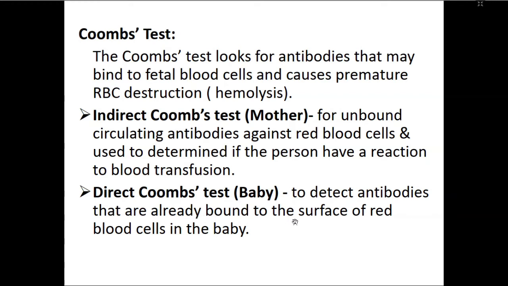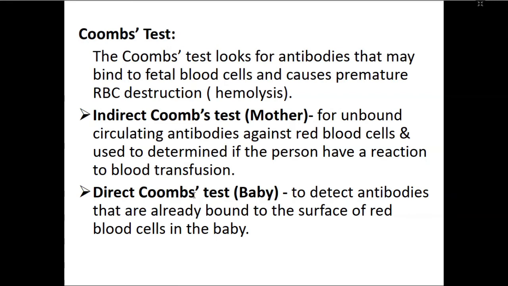Indirect Coombs test is carried out in mother. That is a detection of antibodies that are circulating in the blood that are not bound to any cell. While direct Coombs test is carried out in baby, which is to detect the antibodies that are bound to RBCs.